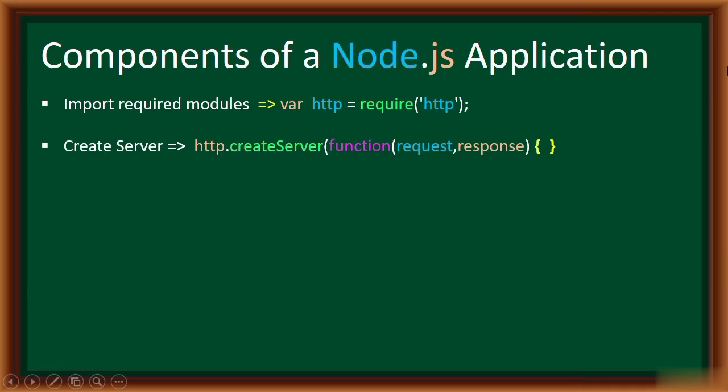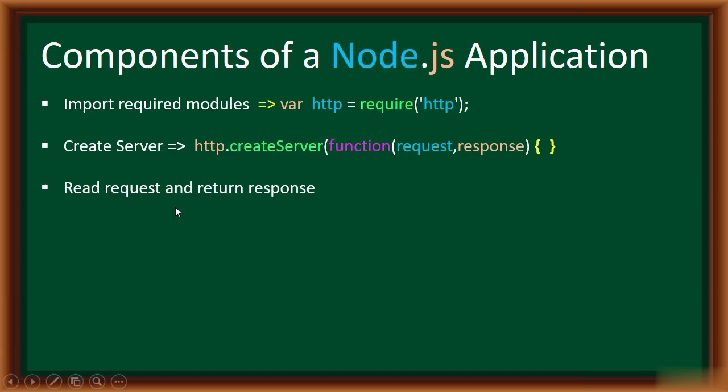The third key component is called the read request and return response. The server you created here will read the HTTP request made by the client, which can be a web browser or a console, and then return that response.